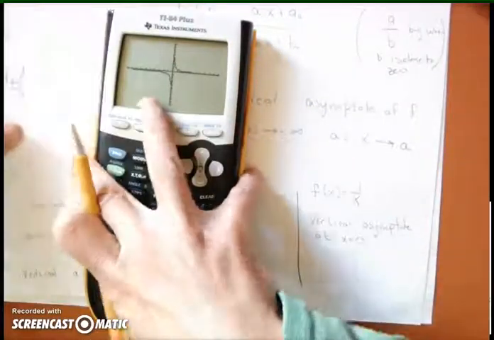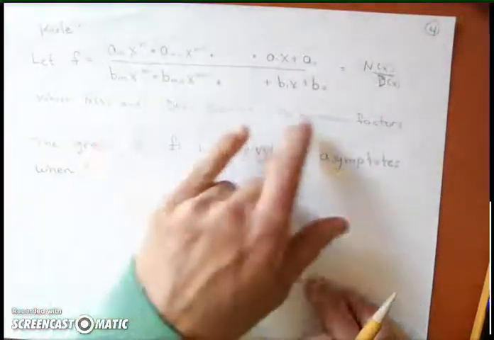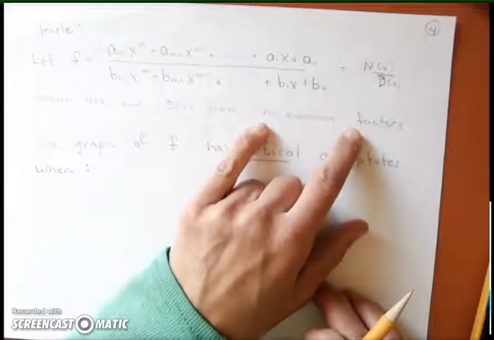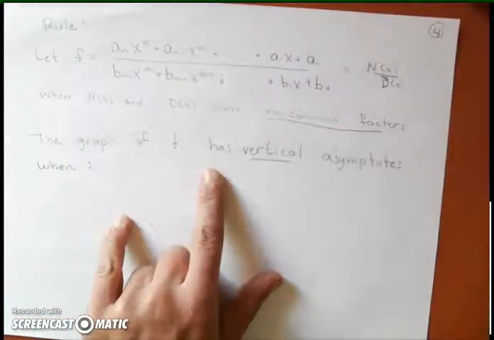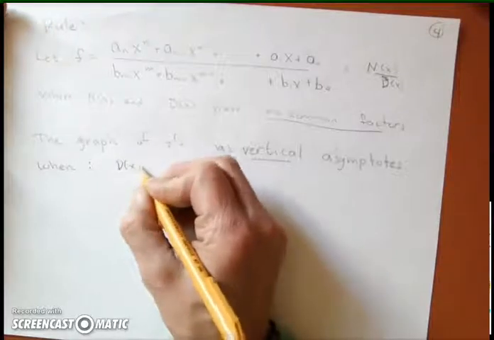So let's write this down as a rule. If this is our rational function, one polynomial divided by another, where they have no common factors, we'll look at an example in just a moment that shows why this is important, then the graph of f has vertical asymptotes when d of x equals 0.